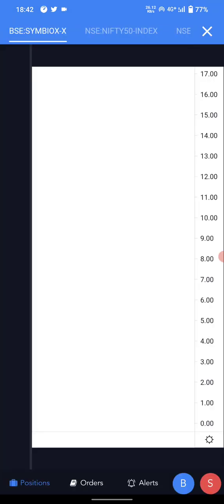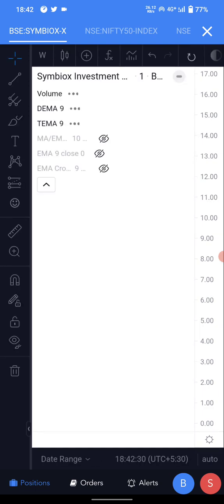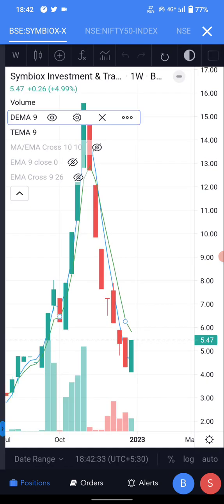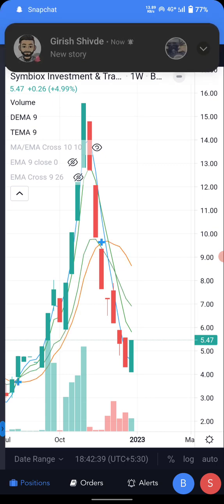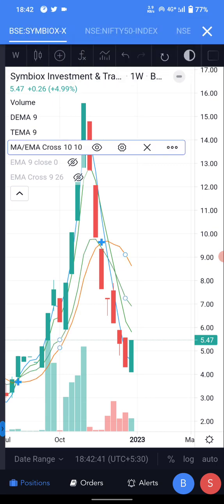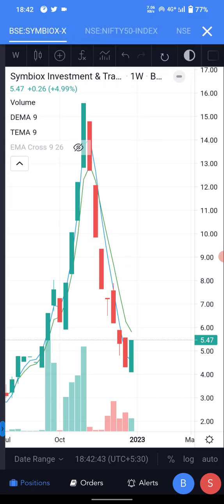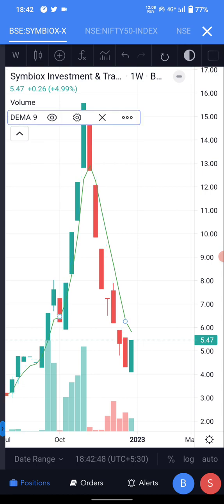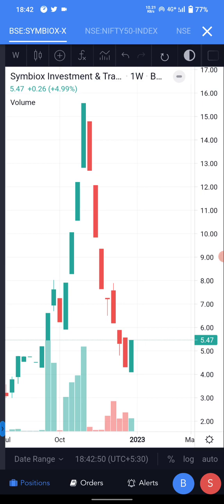The time frame that I have set, you can see double EMA, triple EMA. Let me close all this, and I'm going to show you from scratch.